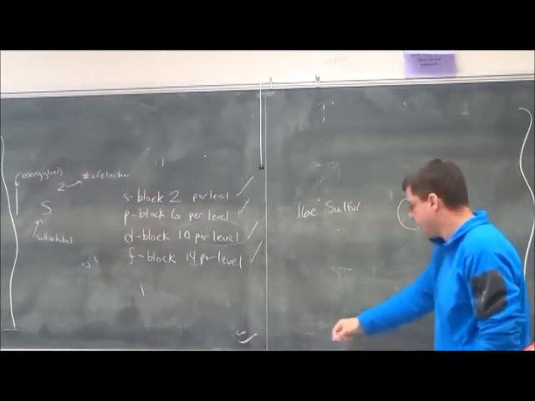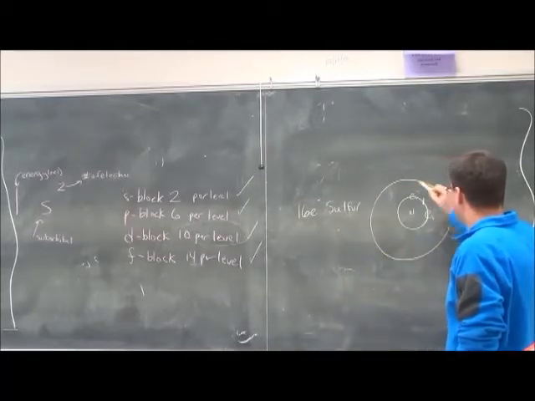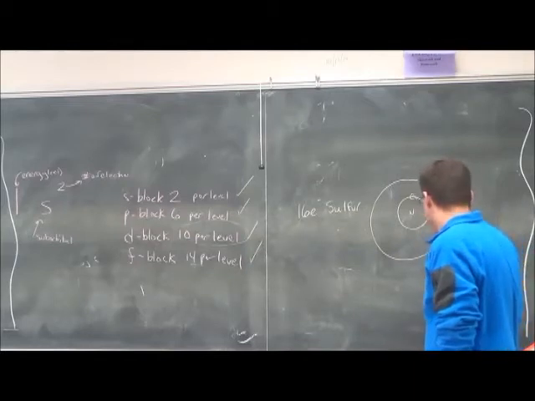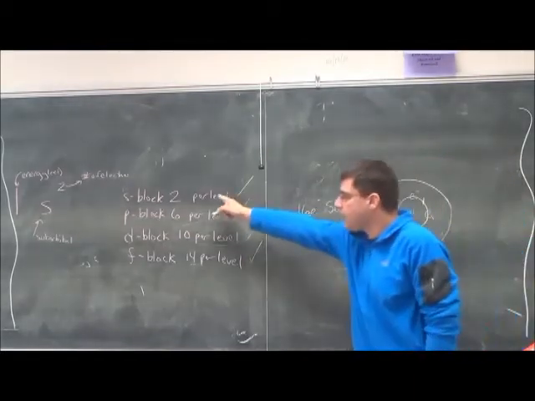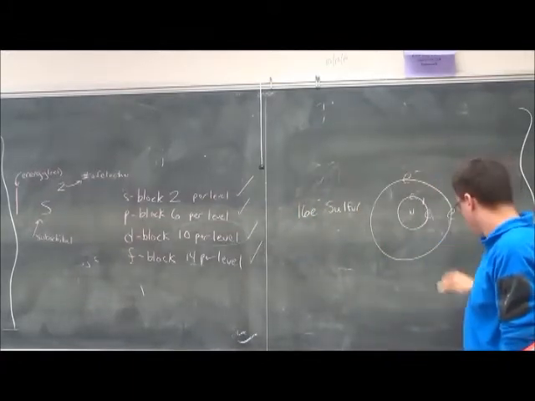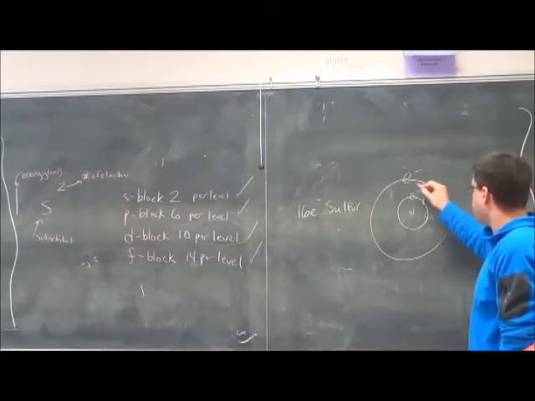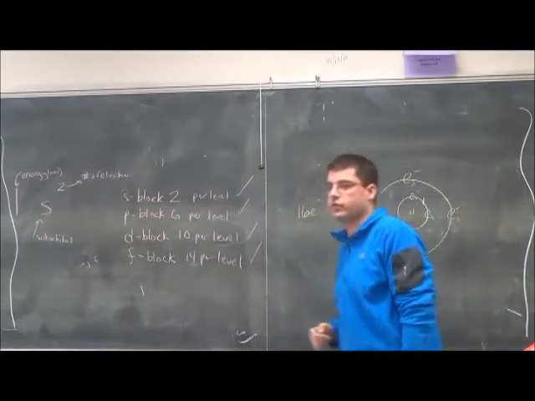Let's open up the next level. Level 2, energy level 2. In each level, you've got an S block. So watch this. 1, 2. S block. We said in each level, you can hold 2 electrons.